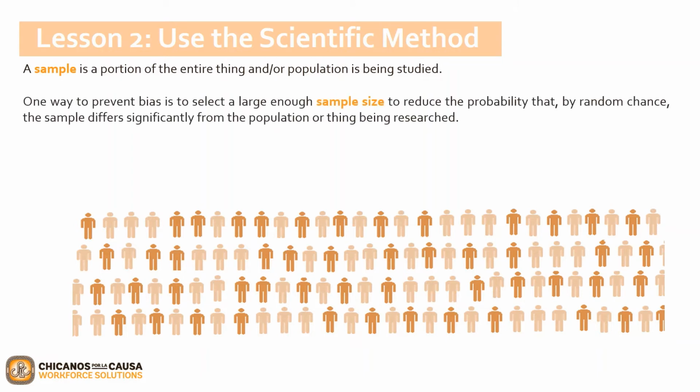One way to prevent bias is to select a large enough sample size to reduce the probability that, by random chance, the sample differs significantly from the population and/or thing being researched. Well-designed studies and scientific experiments seek to control for possible sources of biases within their experiments. Let's go ahead and look at our next example.